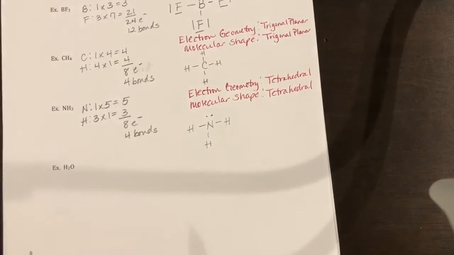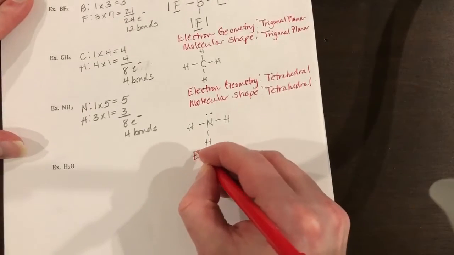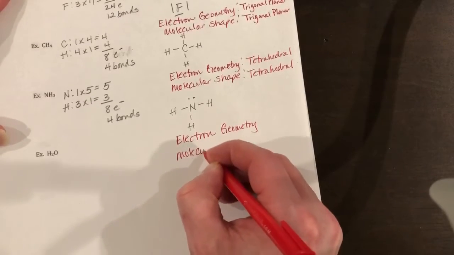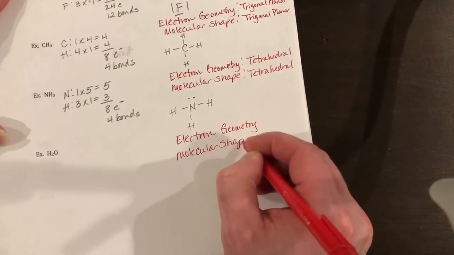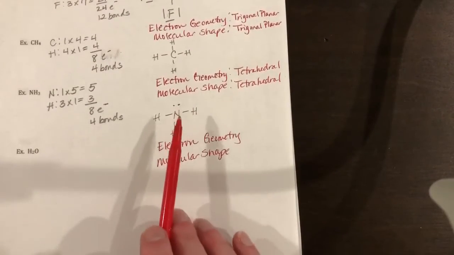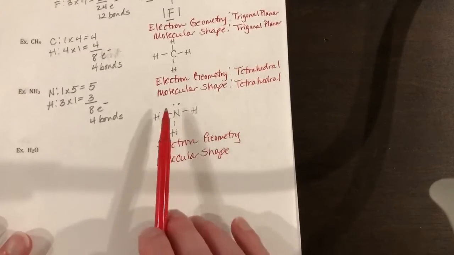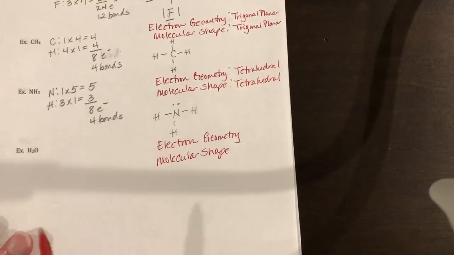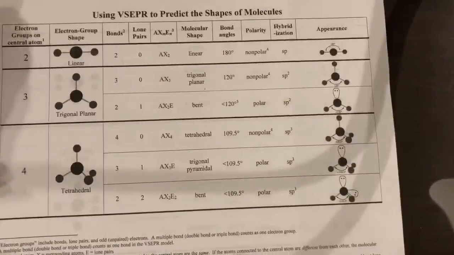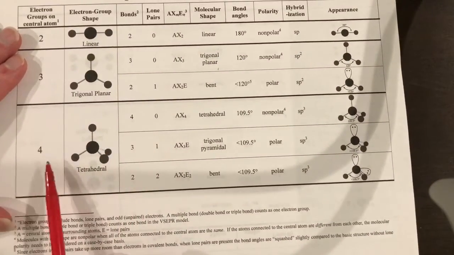Okay, so we go to our bonding geometry stuff. So let's do electron geometry. Let's do molecular shape. Okay, so your electron geometry, we have 4 bonding domains. 1, 2, 3, 4. Now, we have 3 bonds and 1 lone pair of electrons. So it's going to be a little bit different. So 4 bonding domains, your electron group shape is going to be tetrahedral.